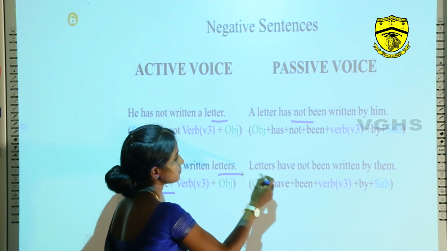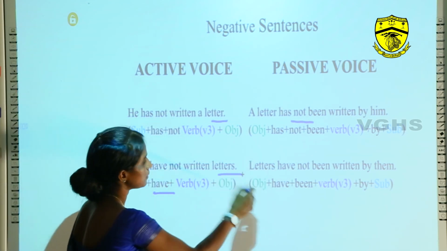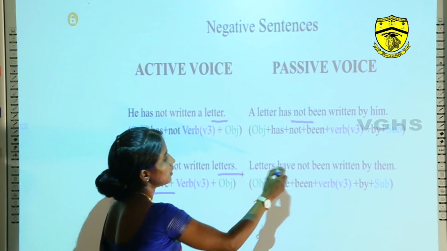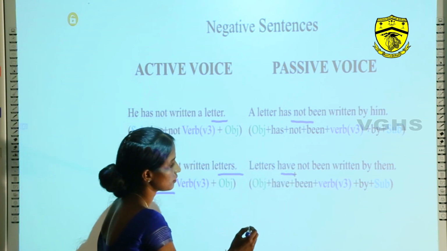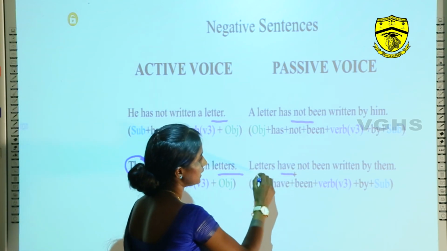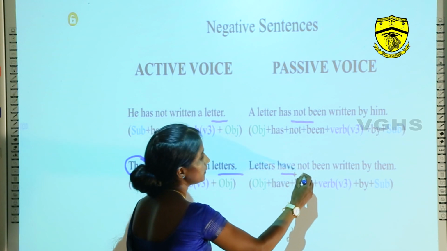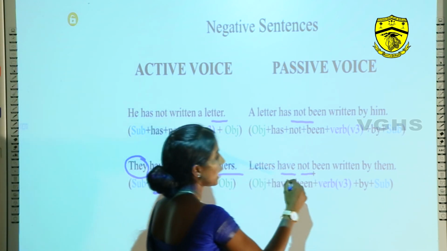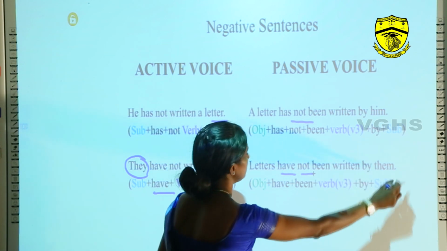So letters comes at the place of the subject. Here we put have, because letters is a plural noun. So letters have not been. Not been means the negative form. Letters have not been written by them.